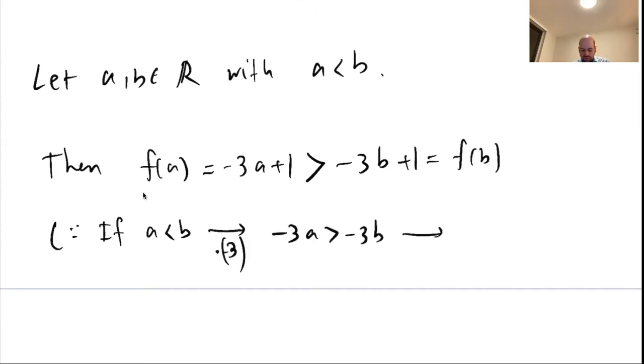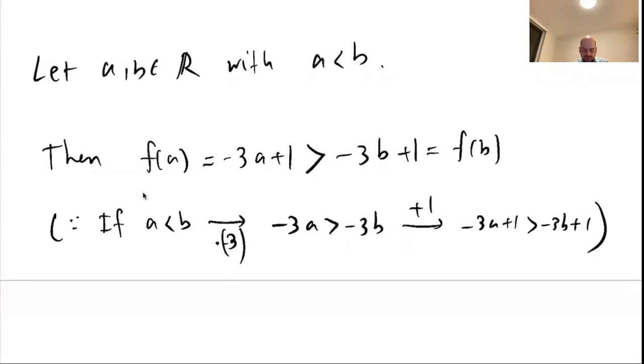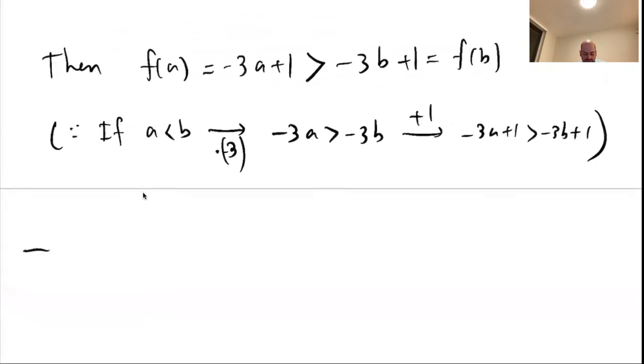And then if you add 1, you get minus 3a plus 1 bigger than minus 3b plus 1, which is what I wrote above, right? So I just justified why minus 3a plus 1 is bigger than minus 3b plus 1. And that means f(a) must be bigger than f(b), which means f is strictly decreasing.